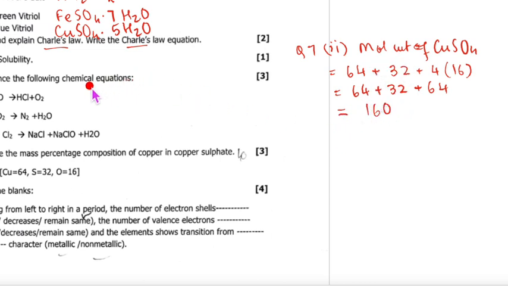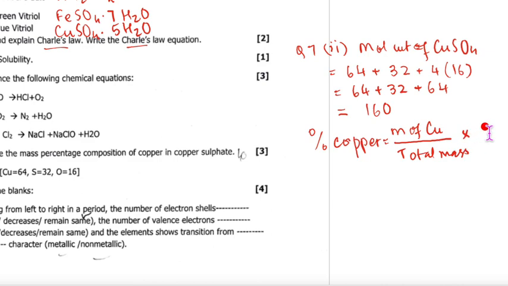And now we have to find out mass percentage composition of copper. So we will say percentage composition of copper will be equal to mass of copper upon the total mass, means the mass of CuSO4, multiplied by 100.